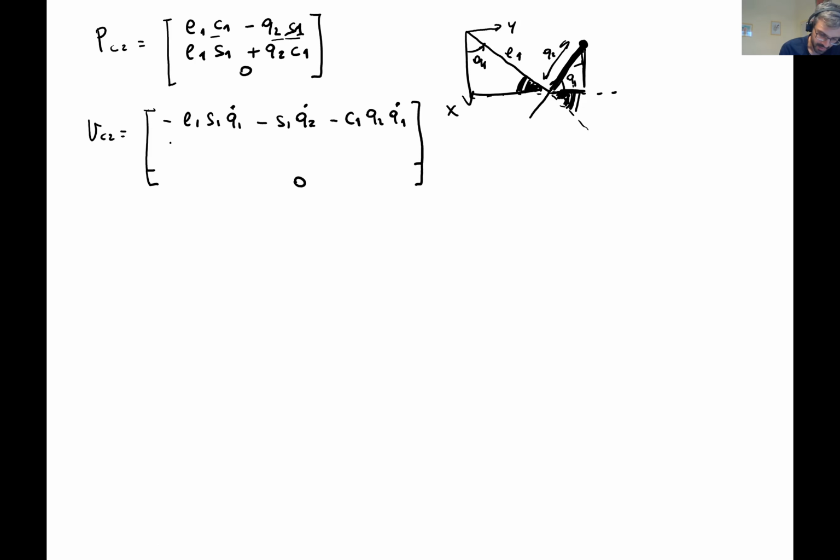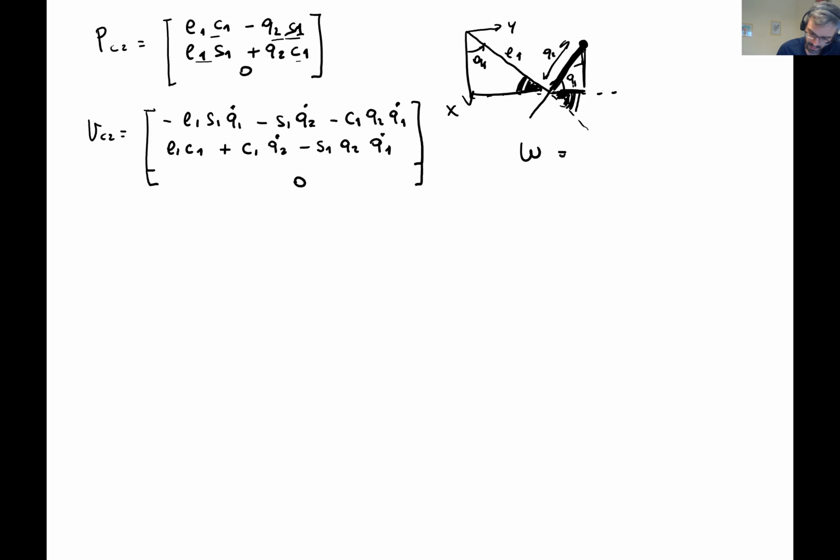And the y is the derivative of this: L1 C1 Q1 dot plus C1 Q2 dot, plus, which is a minus because we need to differentiate this, S1 Q2 Q1 dot.